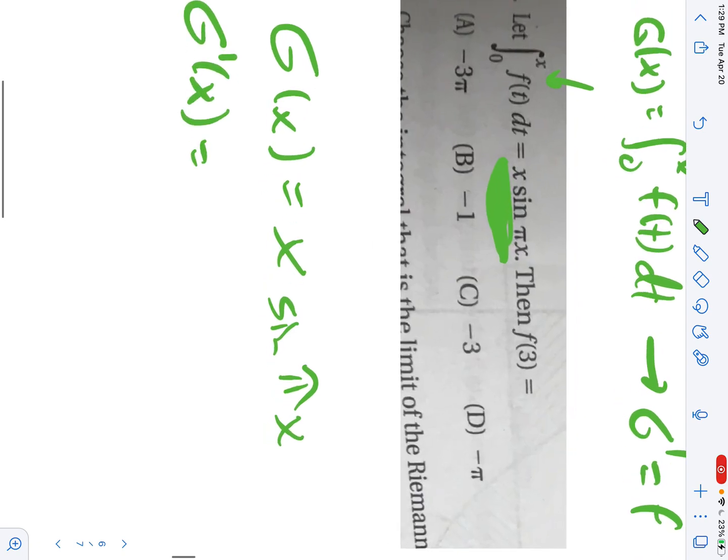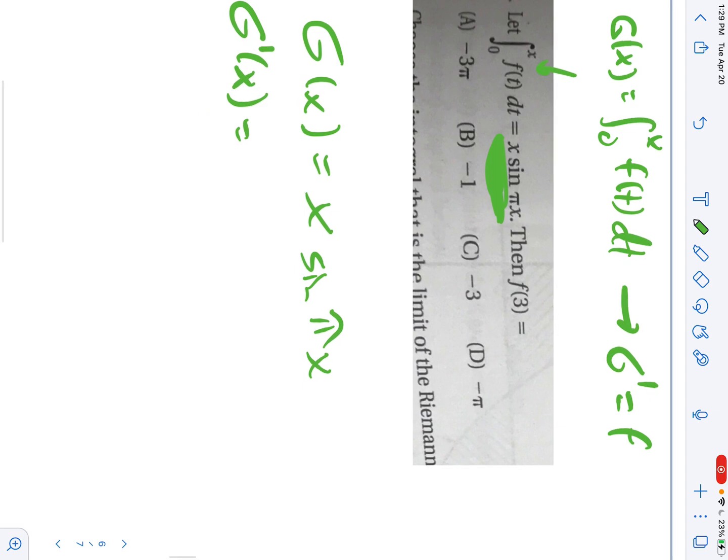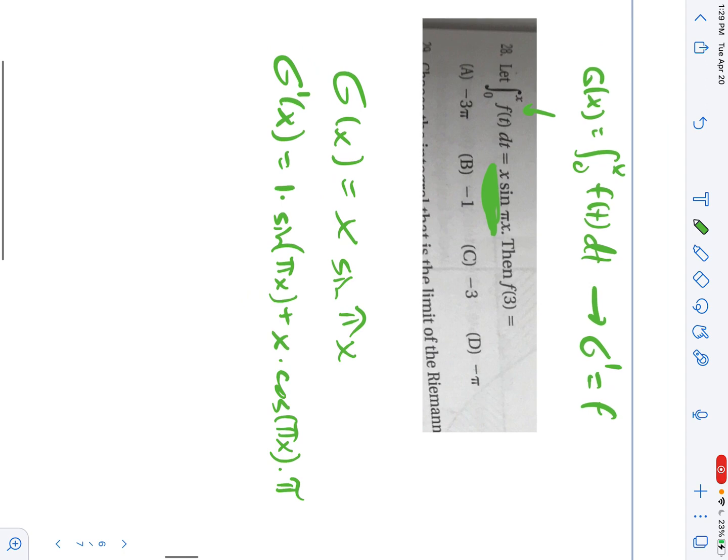Now, if I take derivatives here, g prime of x, I can do this one using the product rule and the chain rule. Derivative of the first times the second, plus the first times the derivative of the second. But I also know that the derivative of this function, just from its form, is f of x.